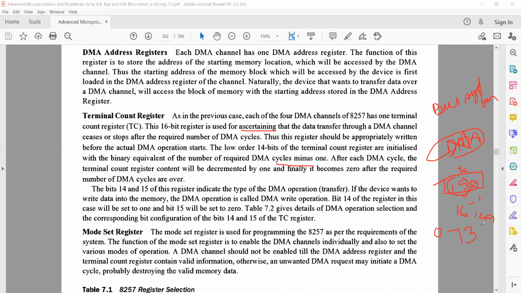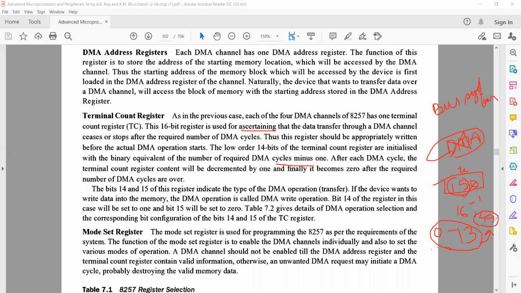So this 149 is represented in the binary format using these 14 bits, bits 0 to 13. So these 14 bits represent this 149.